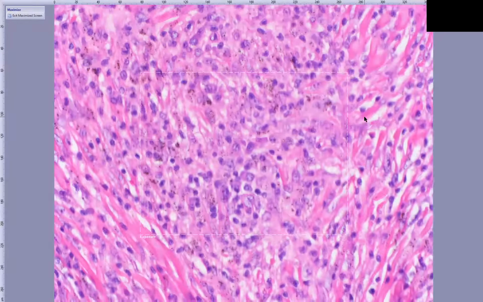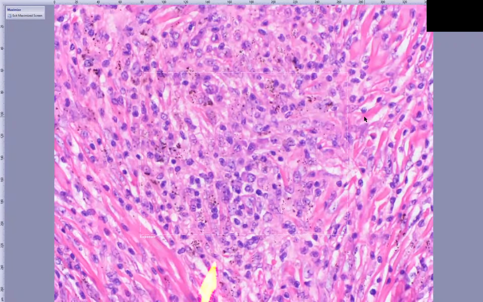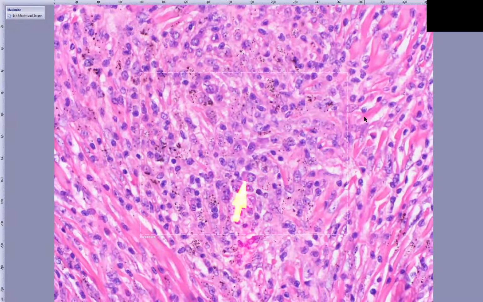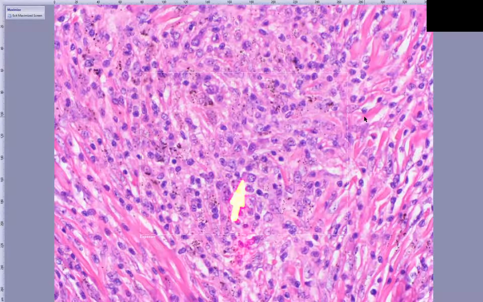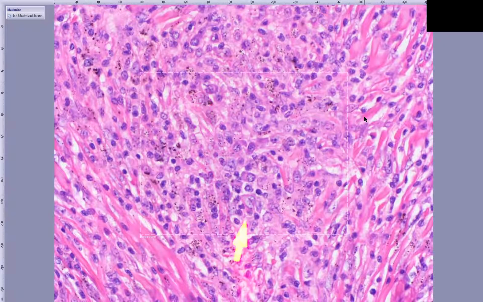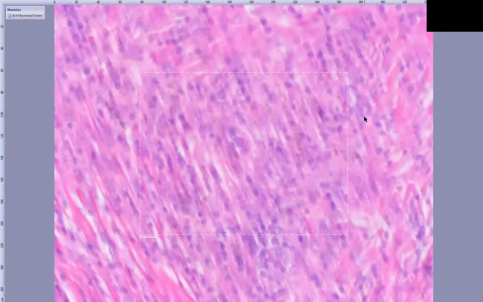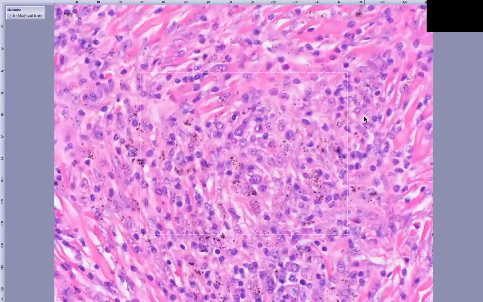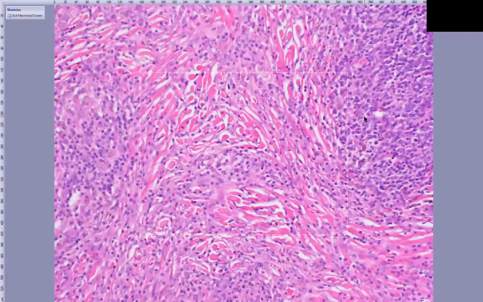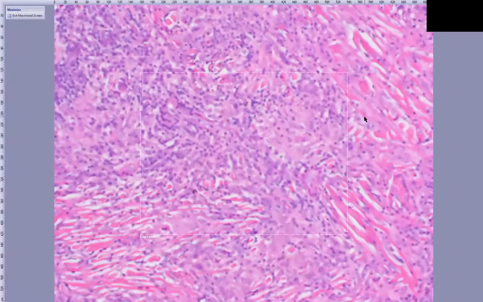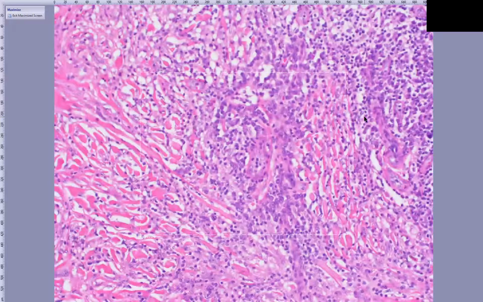And you can see that there are quite a few plasma cells with their characteristic clock face nuclei. That's a perfect one there. There's another one there. And then lots of lymphocytes, obviously. So a very polymorphous infiltrate, but the tattoo reaction was quite brisk. And here we have a sea of plasma cells.